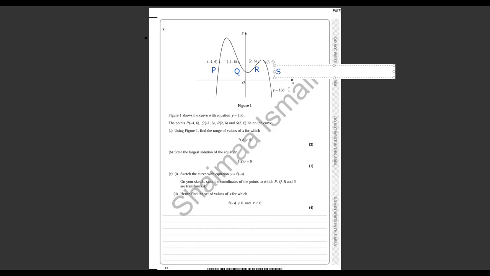Okay. What is next? What he wants here: using figure 1, find the range of values of x for which f(x) is less than 6. Where is f(x) less than 6 here? I can get it here. Less than 6.